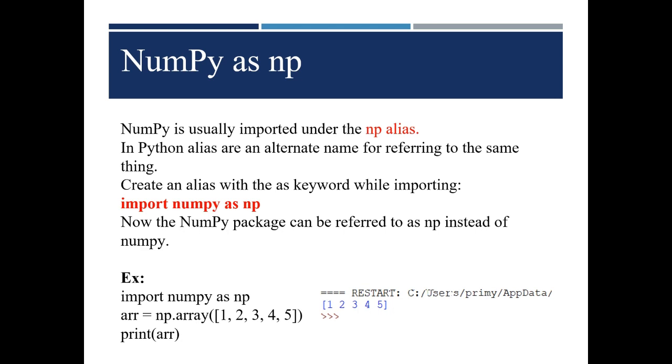Now the NumPy package can be referred to as np instead of writing numpy. In the previous case you wrote numpy.array. Here you are using np.array([1, 2, 3, 4, 5]), and if you print it, you will get the values 1, 2, 3, 4, 5.